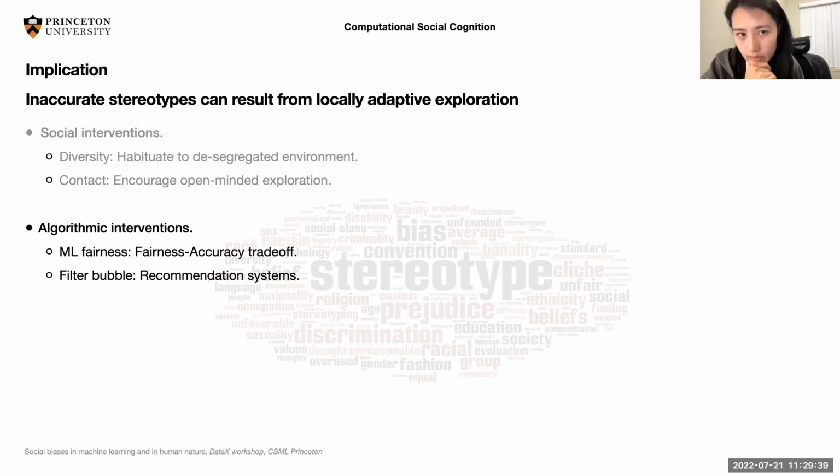And maybe what our work suggests is that it's not very effective to blame the engineer, or the input data, or the whole algorithm design. Of course, they're part of the problem, but even if we could address them, having good intention, having diverse training data, and having a fair algorithm design, we're not going to solve this problem.